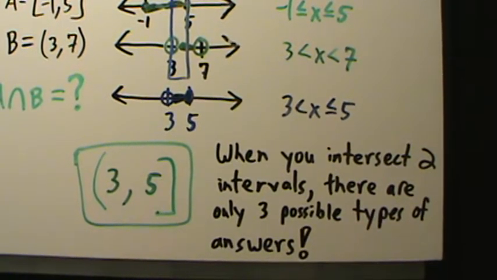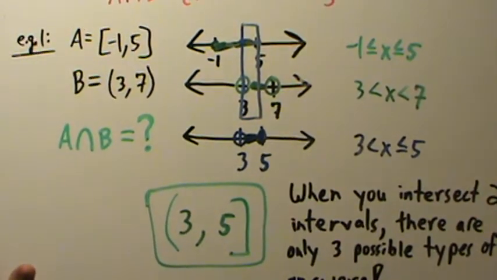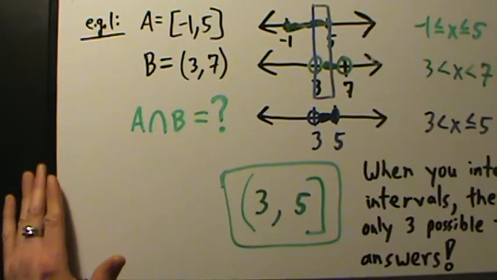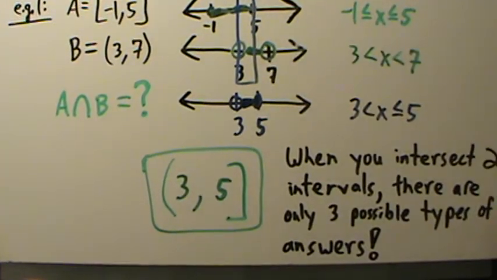Okay, so what are they? Let's come over here and write that. So when you intersect two intervals, there are only 3 possible types of answers.